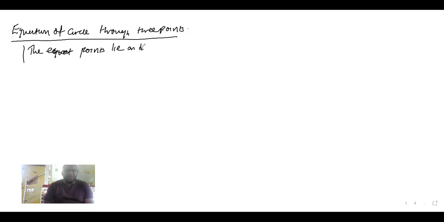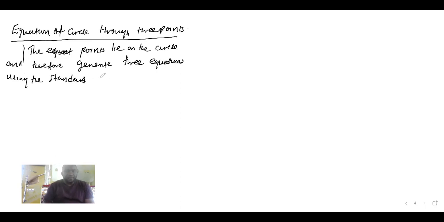So you can say the 3 points lie on the circle, and therefore generate 3 equations using the standard equation of the circle, and then solve them simultaneously.